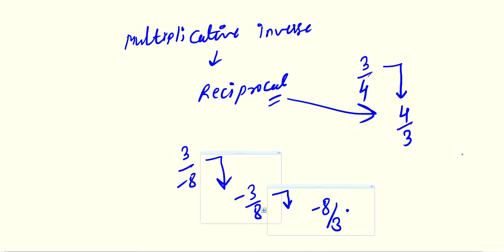Now starting Exercise 2D. Question number 1. 5 by 4 into 3 by 7. The first thing you should know is about reduction. You can reduce. Okay.